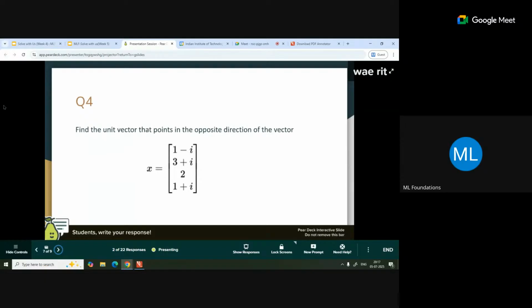Negation here does not mean conjugate, it means multiplying by minus 1. That's correct, minus 1 times this vector.